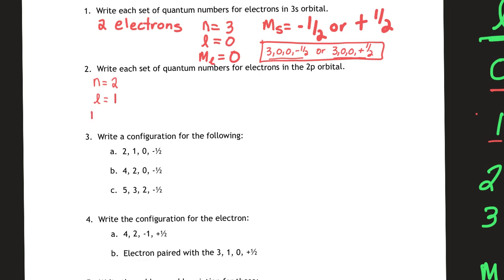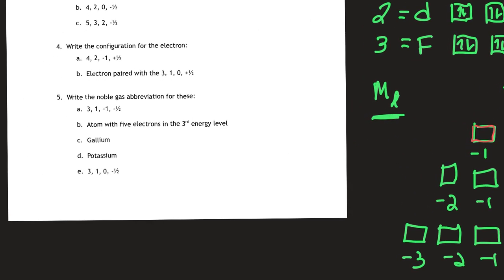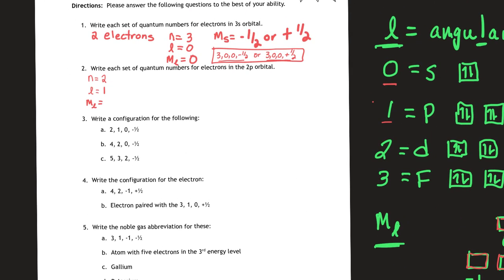Now let's go ahead and do m sub L. Well, m sub L for a p orbital could be -1, it could be 0, it could be +1. So I've got 3 different options for that.